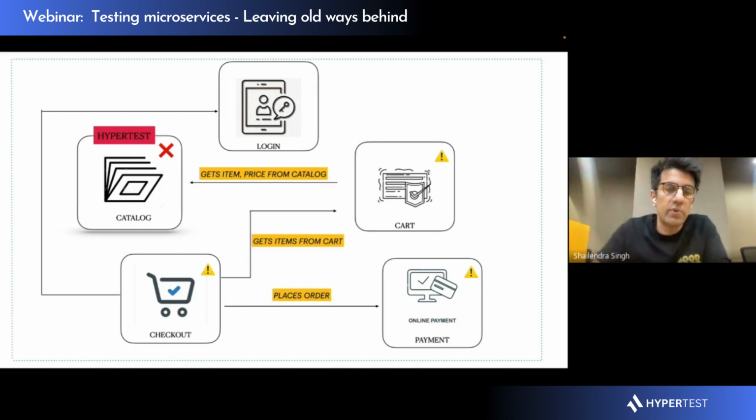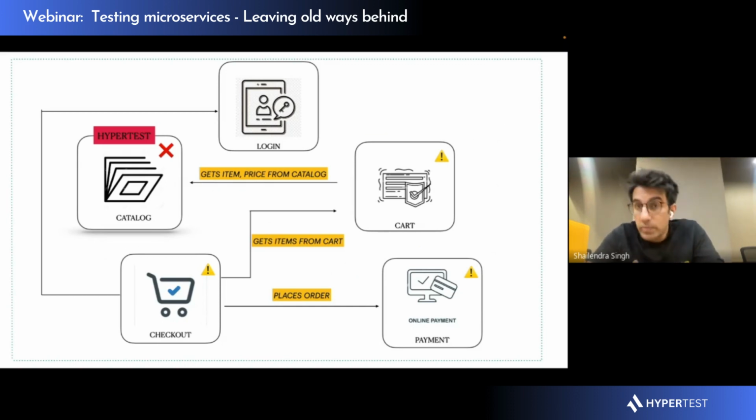So just quickly, I'm going to wrap up this webinar by telling you the example. As I was explaining in the last slide, once HyperTest is set up across all the services, if the tests for catalog are run, because catalog has just undergone a change, and HyperTest encounters that the tests are failing because the catalog has changed its response, it will dutifully notify all the services that are dependent on catalog: the cart, the checkout, or the payment services.